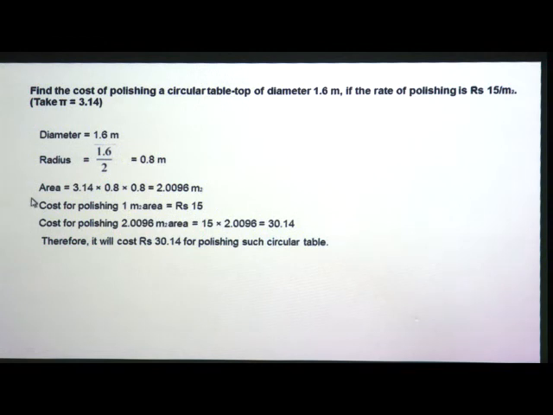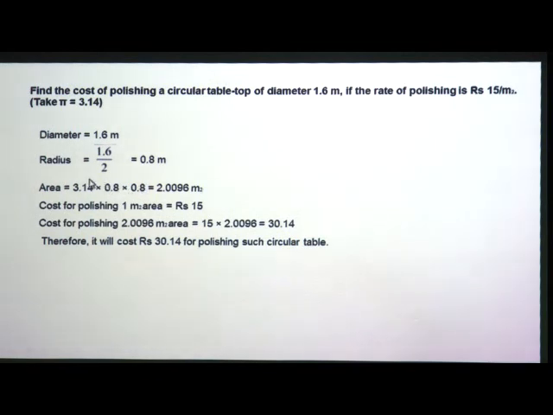Now we know the formula. Area is equal to pi r square, where pi is 3.14. So, the area of the circular tabletop is equal to pi r square. R square is nothing but r into r, or r multiplied by r.